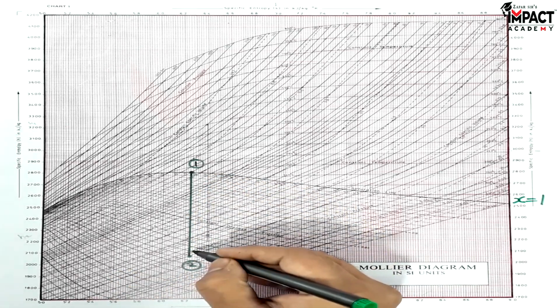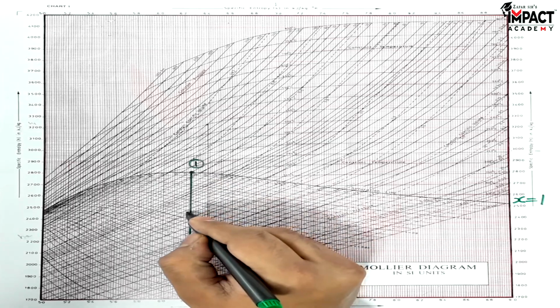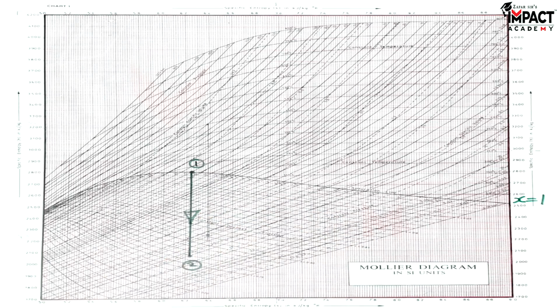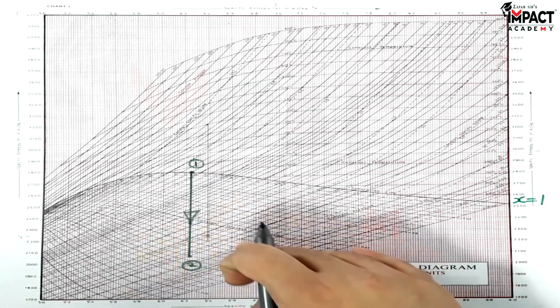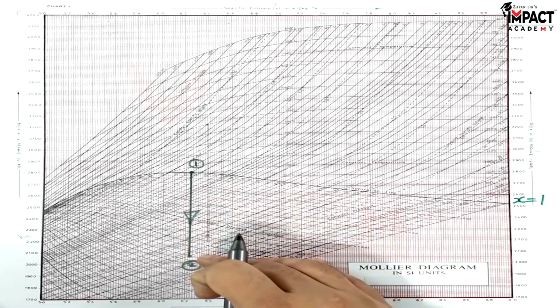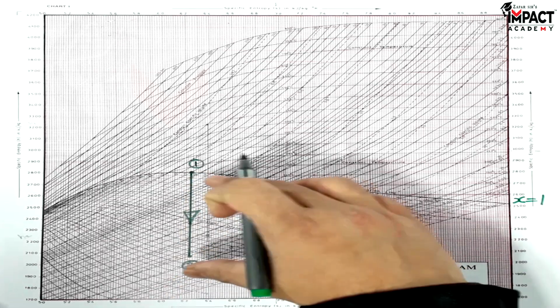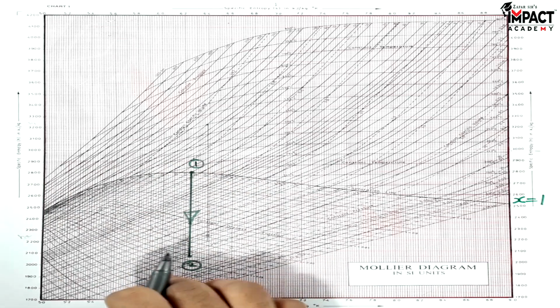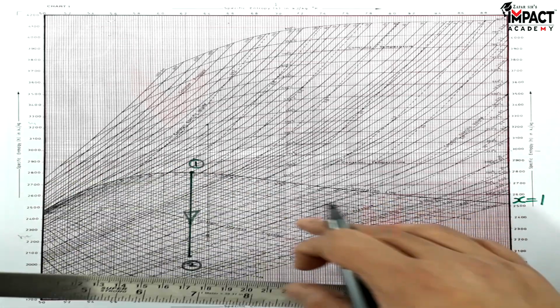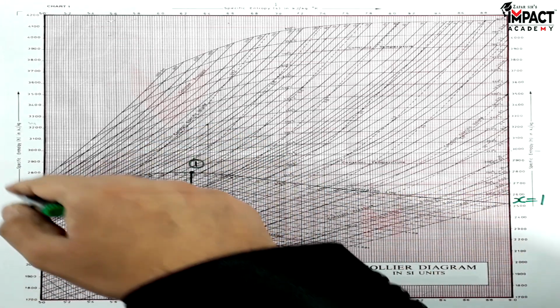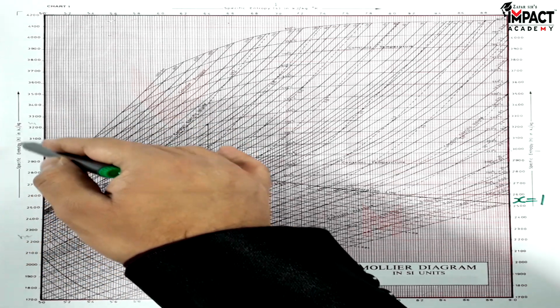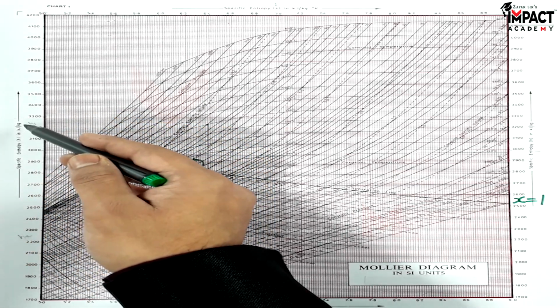And this drop in enthalpy, that is from H1 to H2, is indicated with the help of an arrow. This is indicating the expansion in the turbine. Now I have to get H1 and H2 values. So simply project these points horizontally, because on the horizontal scale here we can see there are specific enthalpy values given. Unit is kilojoule per kg.